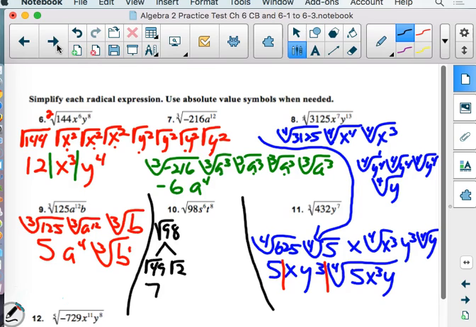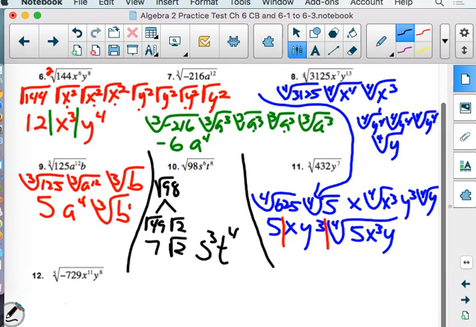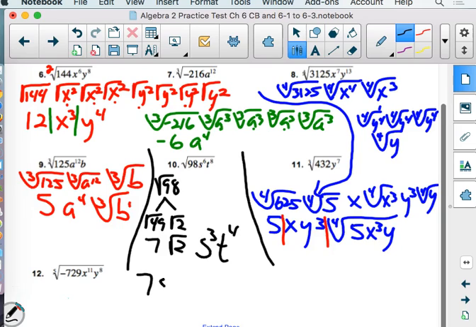So that'll give us a 7 and a square root of 2. Now, do you want to use division for the other ones, or do you want me to write them out as perfect squares? What's the square root of s to the 6th? S to the 3rd. What's the square root of t to the 8th? T to the 4th. And then we just, of course, put the nice stuff out in front. So we'll have 7 s to the 3rd, t to the 4th, square root of 2.